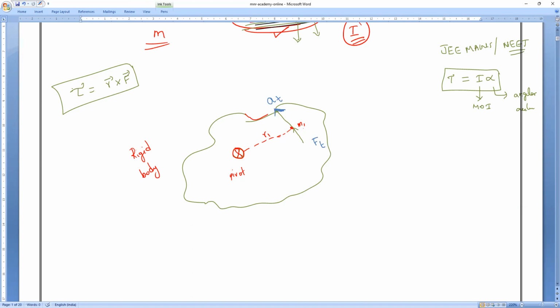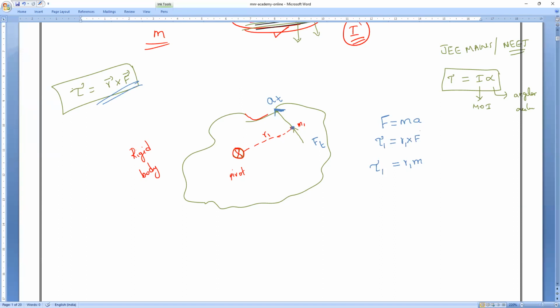So this is point one. Can you tell me the torque due to this point? Let me call it torque one. We already know the formula: tau equals R1 into F, and this is tau 1 because I am taking only this particular mass.